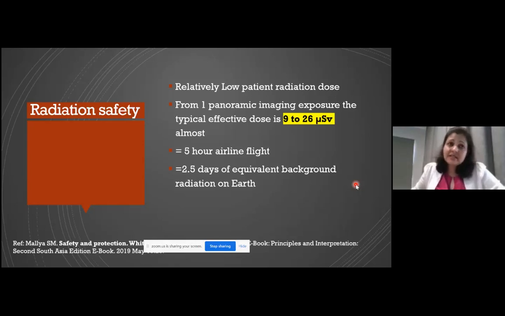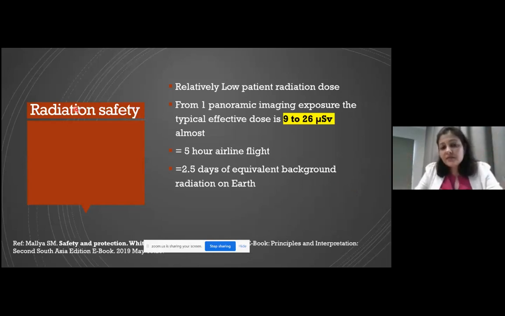Definitely CT scan and CBCT scan have higher radiation dose, and a chest X-ray also has slightly higher than a panoramic radiograph. In comparison to a full mouth series of IOPs taken even with digital imaging, the panoramic radiographic image requires less radiation exposure. So if you want broad coverage of the entire dentition, then a panoramic radiograph would be the right choice. That is the clinical implication of this point.